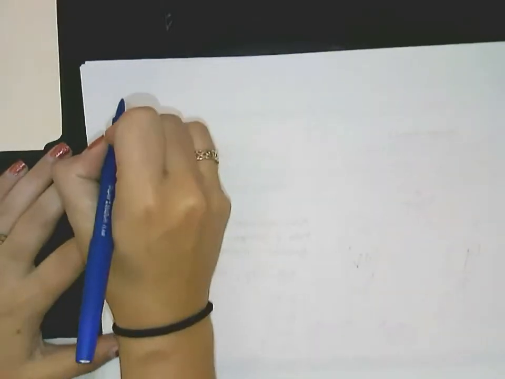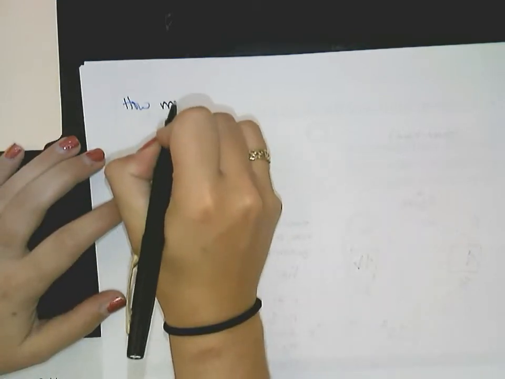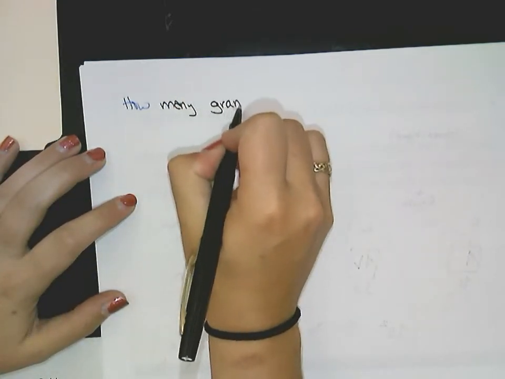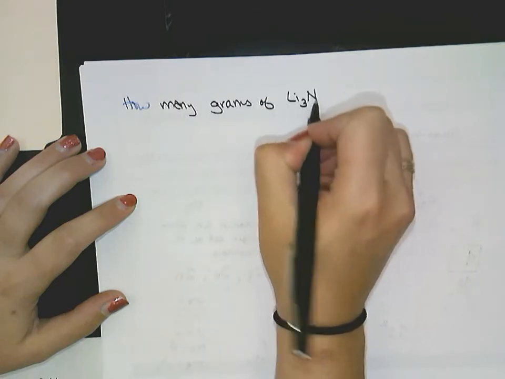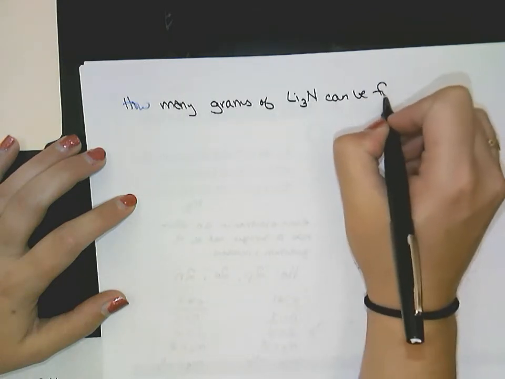Tell me what your number one says, because I have old versions of it. It's how many grams of trilithium nitrate can be formed from 1.75 moles of lithium? Okay. All right, let's see. So the question is... I see why that's tricky.